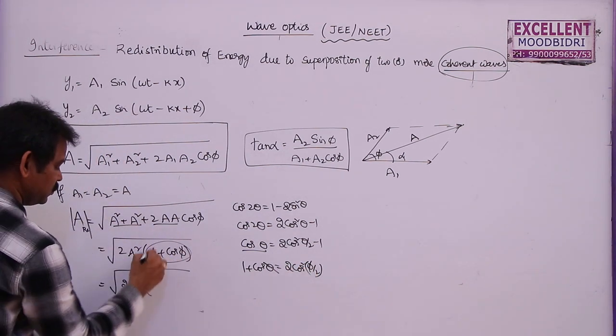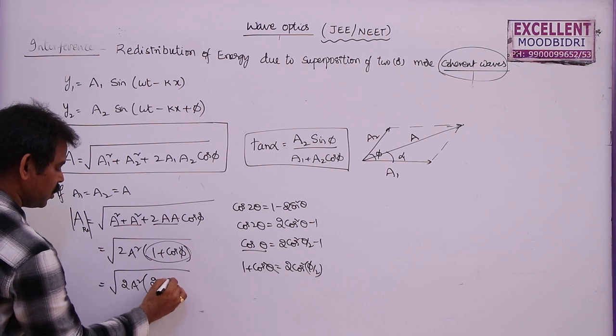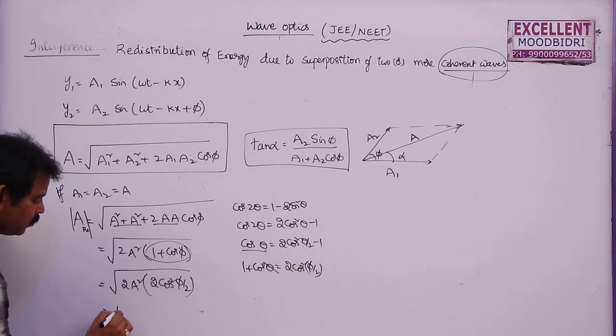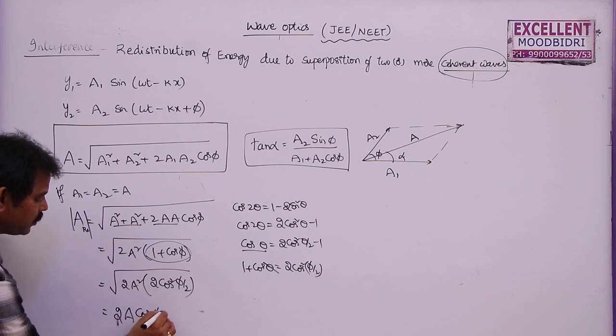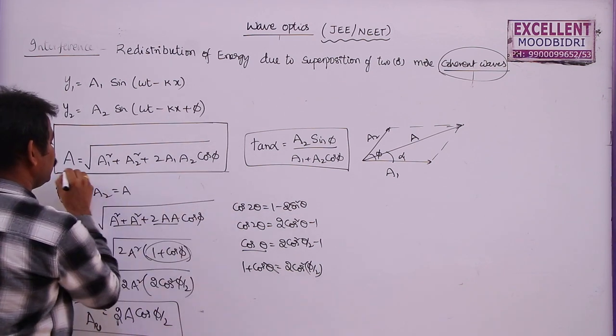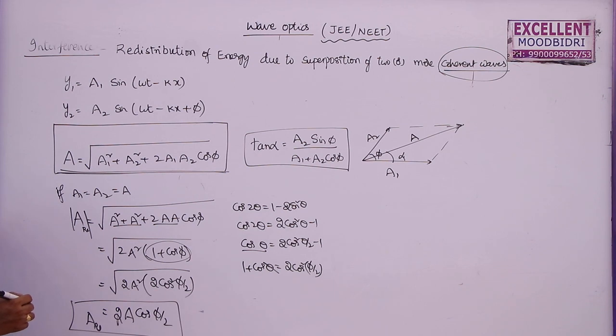So in place of this I am going to write 2 cos square phi by 2. So 2 twos are 4, under root will be 2 only. So this is 2, A square under root is A, and this is cos phi by 2. This is the resultant amplitude of two waves having the same amplitude. But generally we need to use the earlier formula for different amplitudes. For A1 equal to A2, the final resultant amplitude will become 2A cos phi by 2.